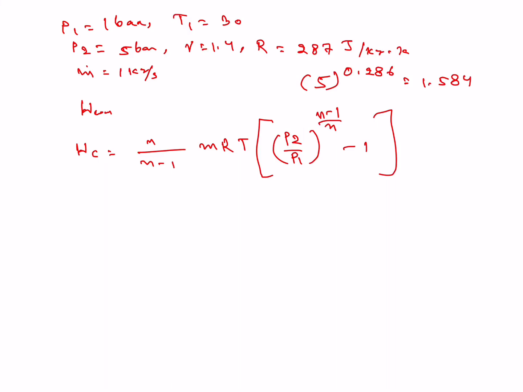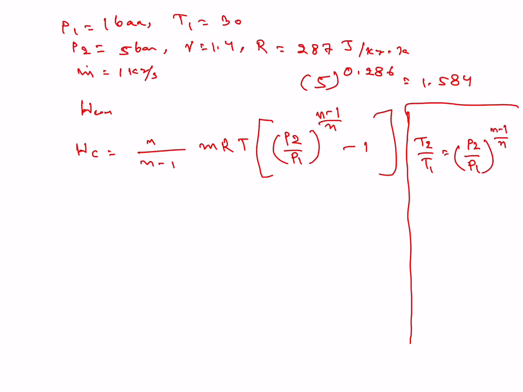So again we will use our formula: T2 by T1 for polytropic process equals P2 by P1 whole to the power n minus 1 by n. From here T2 value you can calculate.